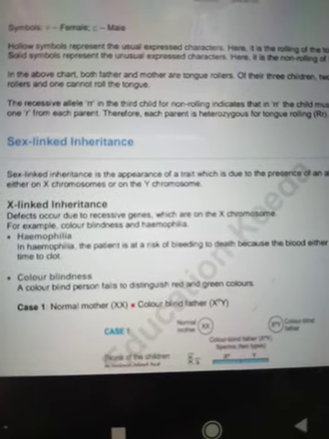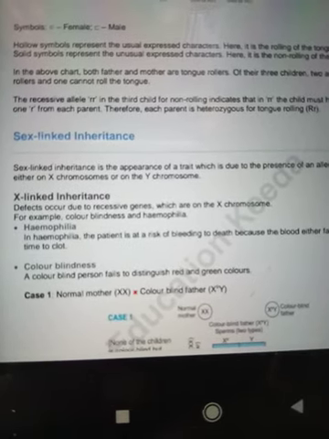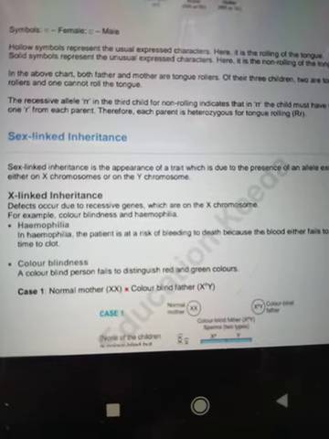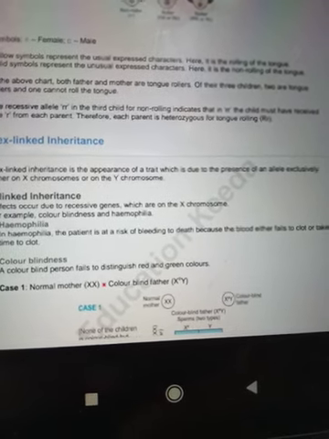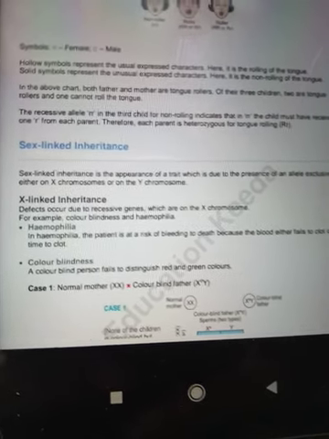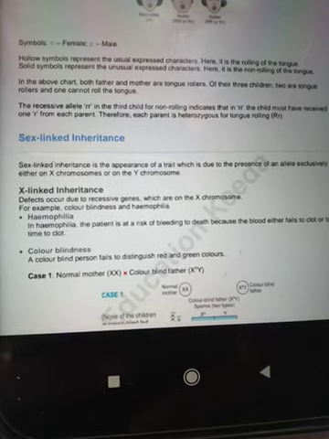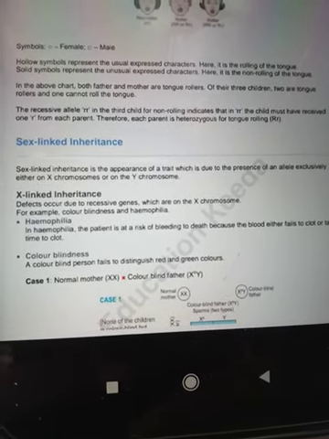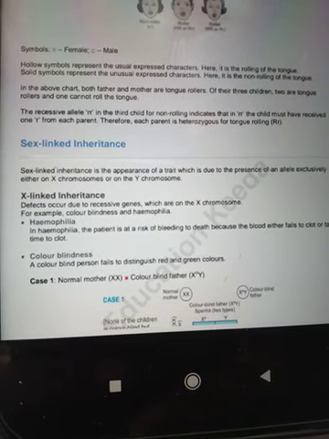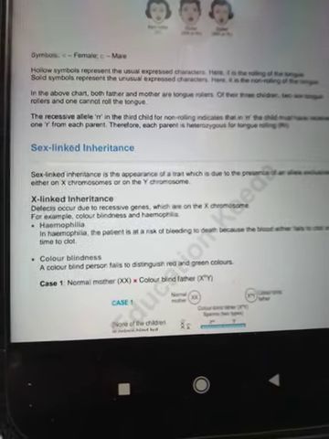Now we'll talk about X-linked inheritance. Sex-linked inheritance is the appearance of a trait which is due to the presence of an allele exclusively on either the X chromosome or the Y chromosome. Now we'll talk only about the diseases related to it. X-linked inheritance occurs due to the recessive gene, the defects which occur due to the recessive gene on the X chromosome.